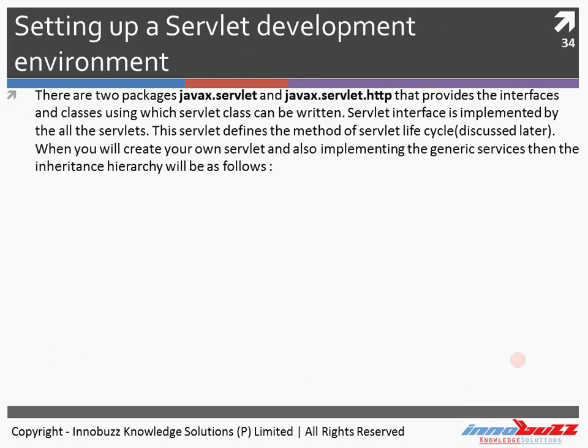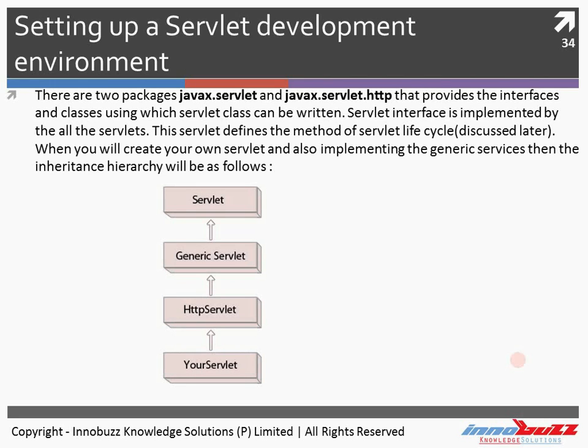The Servlet interface is implemented by all the servlets, which is the root of the servlets. This is the diagram which depicts the generic API for servlet. You have the Servlet interface topmost, followed by GenericServlet, and then HttpServlet, which is generally used in all servlets. This is the basic API.